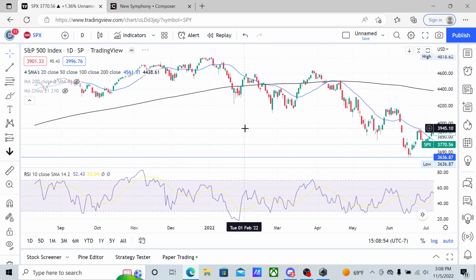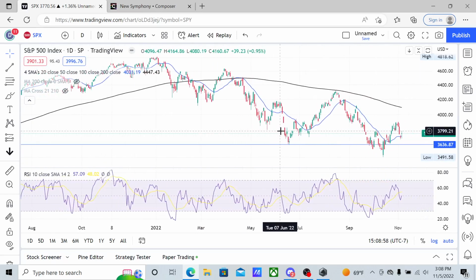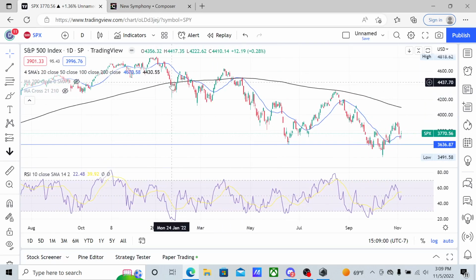Now, I believe the biggest influence on the stock market overall is probably the Federal Reserve, because the entire monetary system of the United States is debt, and the Federal Reserve is our central bank, and they're the ones controlling our money supply.